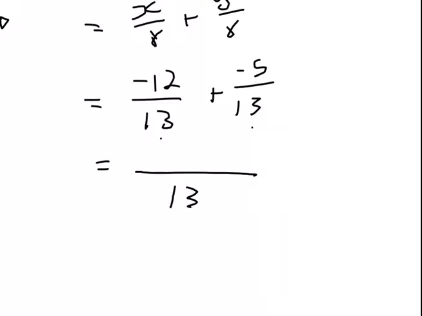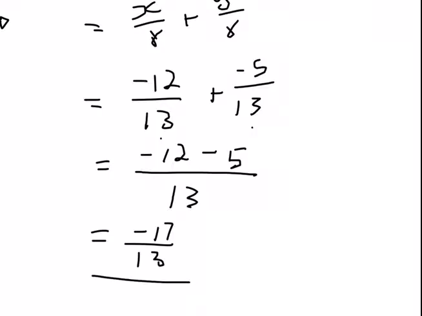Then you would obviously have to cross multiply, even though in this case the 13 will just cancel, and you end up having negative 12 minus 5, where you end up having negative 17 over 13 being the end of it.